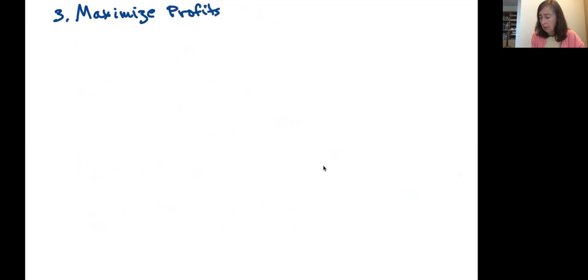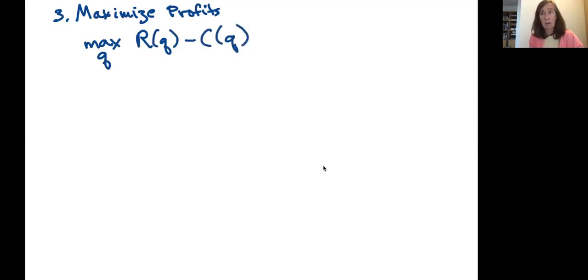I'm a firm and I want to choose the quantity I'm going to produce to maximize my profits. And what are my profits? It's the difference between revenue, which depends on the quantity I produce, minus cost, which also depends on the quantity. And do I need to come up with some fancy polynomial to describe revenue and cost? No, I don't need to do that. Really, all I need to do is talk about the first two derivatives of these things.